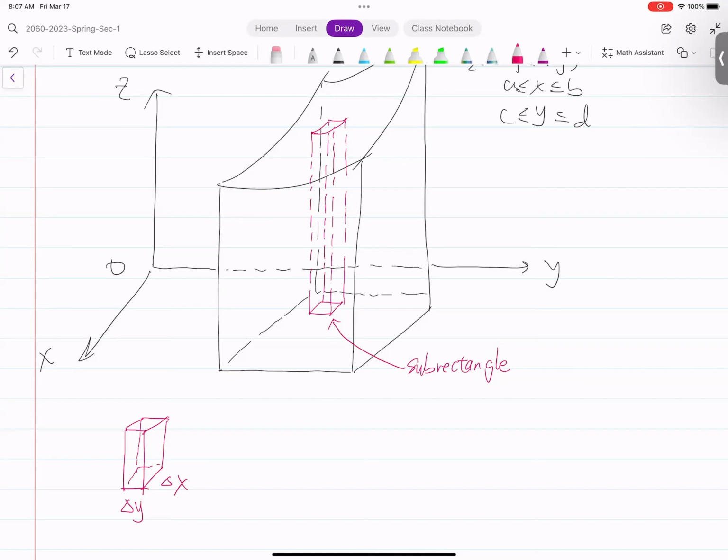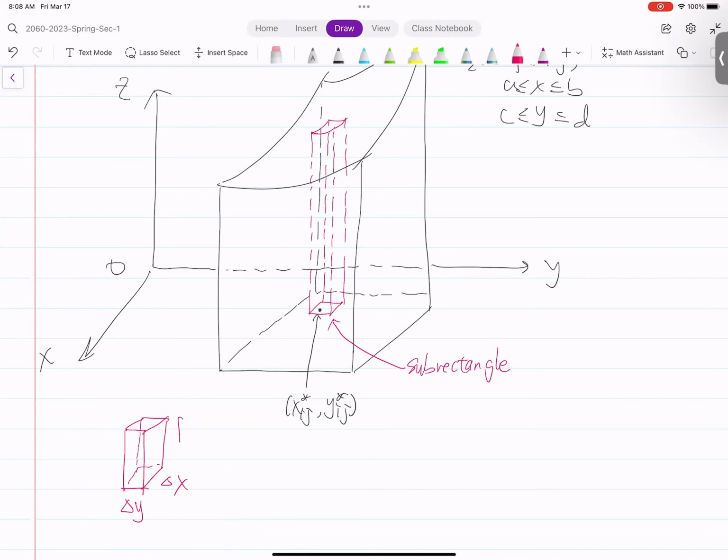And then, like we said earlier, we just use any point. I'm going to put it in black. That's going to be the point x sub ij star, y sub ij star. So for this rectangle right here, we are trying to estimate the volume of that long solid on the right. The shape of that solid is not really a rectangle, but here we're just going to use a height generated from that sample point.